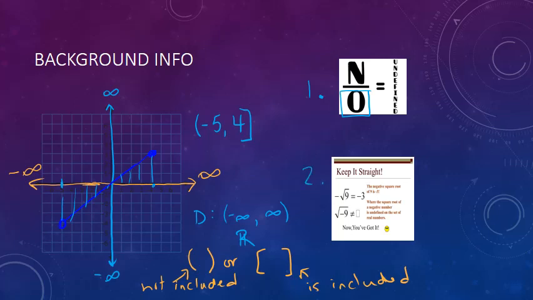Okay, another thing to look for algebraically is a negative under a square root. So let's look at the difference. The negative square root of 9 is -3. No problem there.